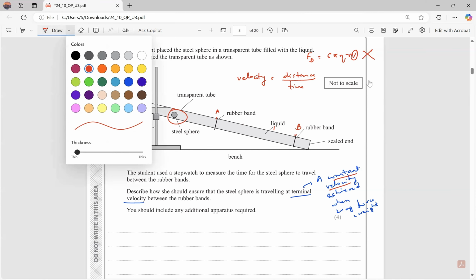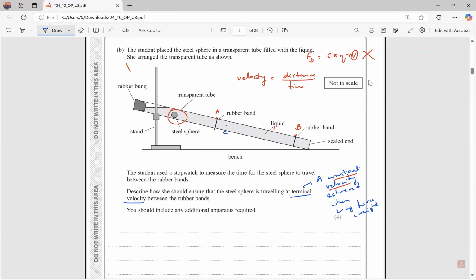Let's say that we have this point C here and this point D here, and then we have some point E and F here. So if we prove that the velocity between point C and D is the same as the velocity between point E and F, then we can prove the sphere was traveling at terminal velocity.